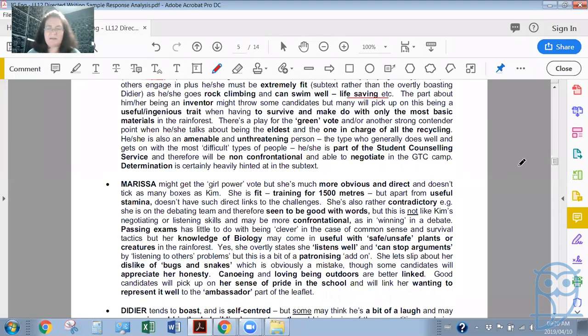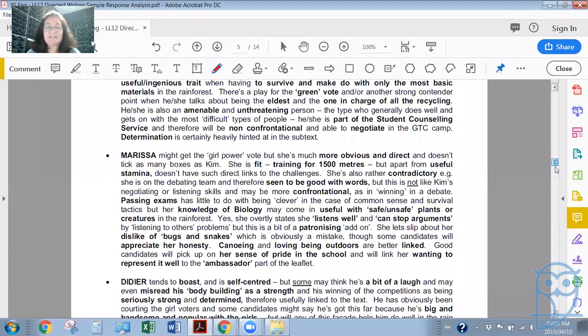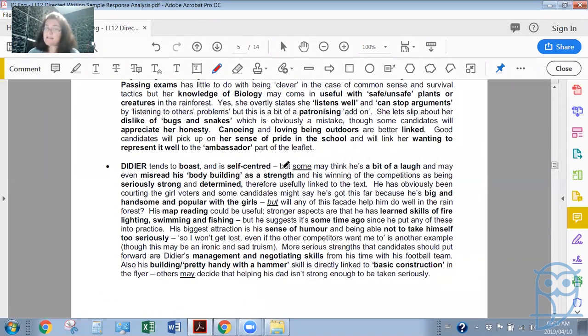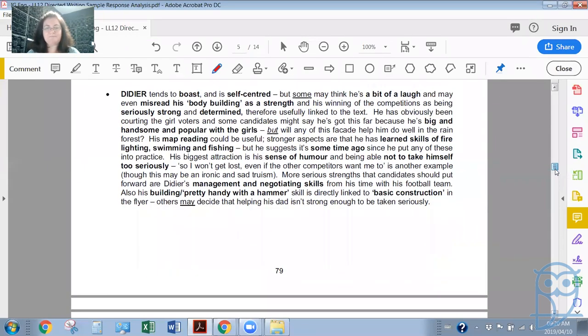And then for Didier, he tends to boast and is self-centered, but some may think he's a bit of a laugh and may even misread his bodybuilding as a strength, and his winning of the competitions as being seriously strong and determined, therefore usefully linked to the text, etc. So it's all about how you justify your choice based on the requirements in the leaflet.